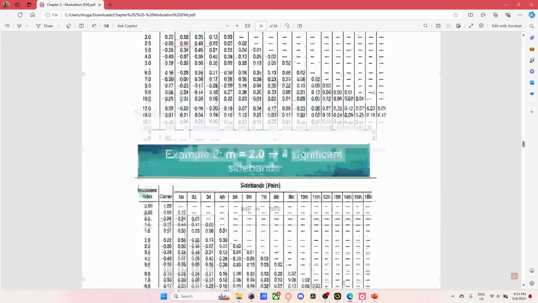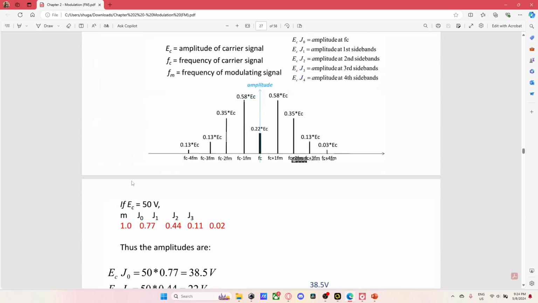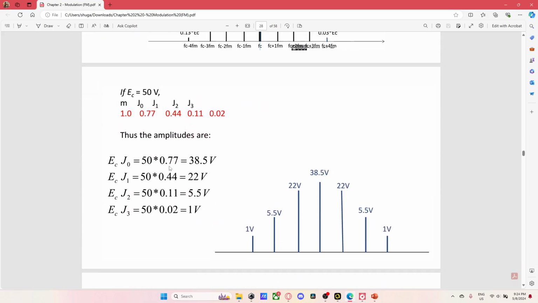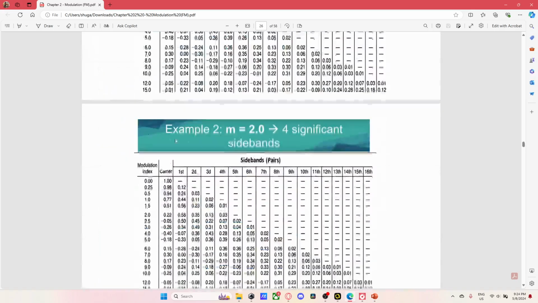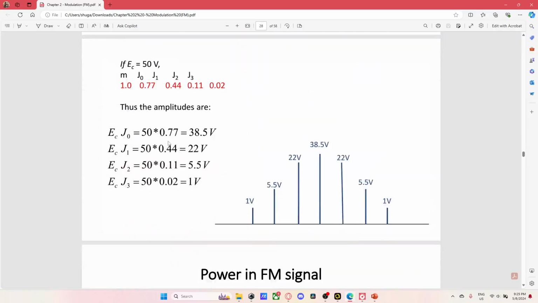This value is used for the first modulation. It is based on example number 1 where m is equal to 1, and your carrier J0 over here is 0.77, J1 is 0.44, J2 is 0.11, and J3 is 0.02.